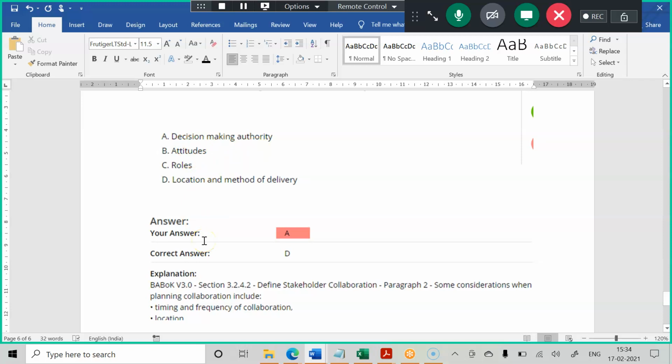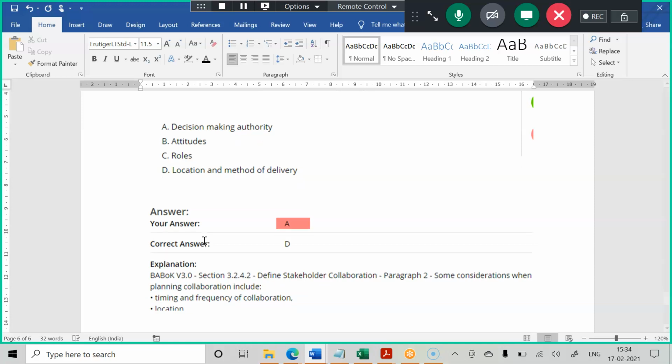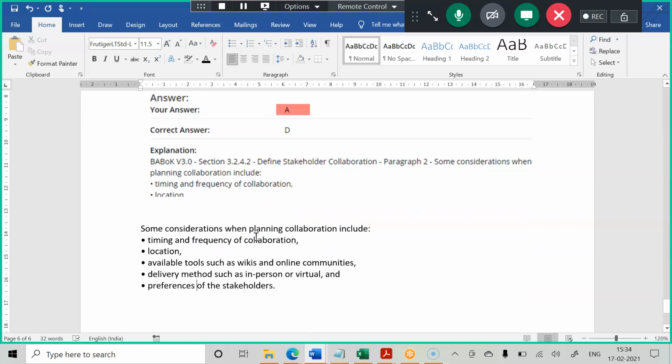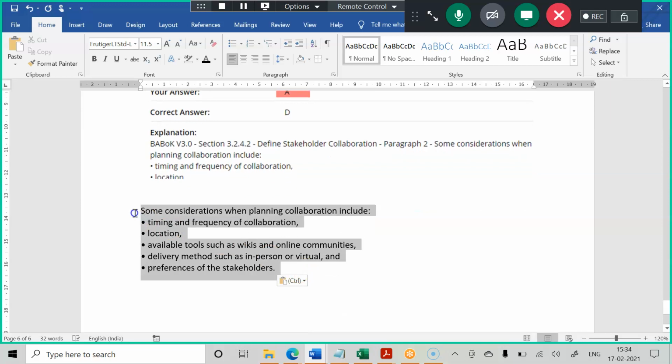If you are preparing a stakeholder list, you have to understand what the roles of your stakeholders are, what their decision making authority is, what their attitudes are. Then you get into the collaboration part of it, which is how you can interact with stakeholders. That is the collaboration part of it.